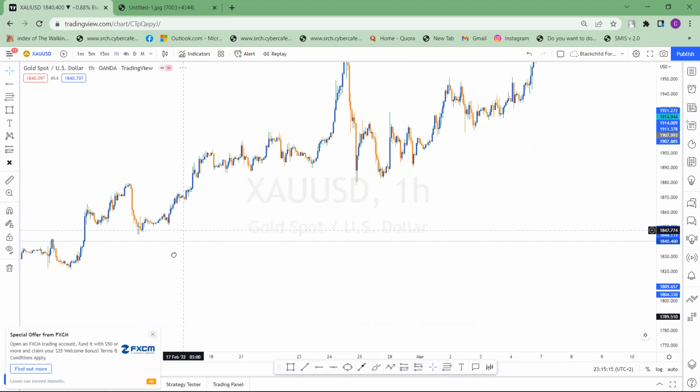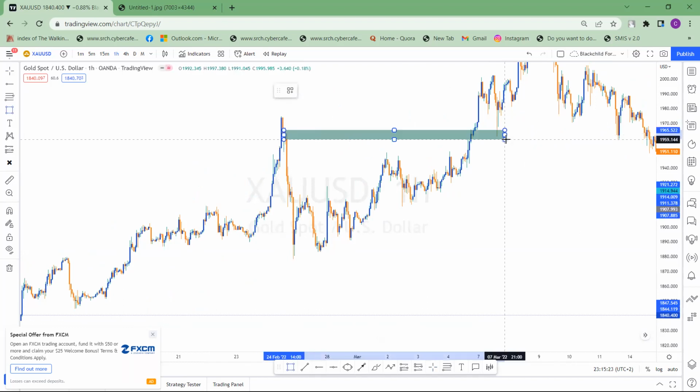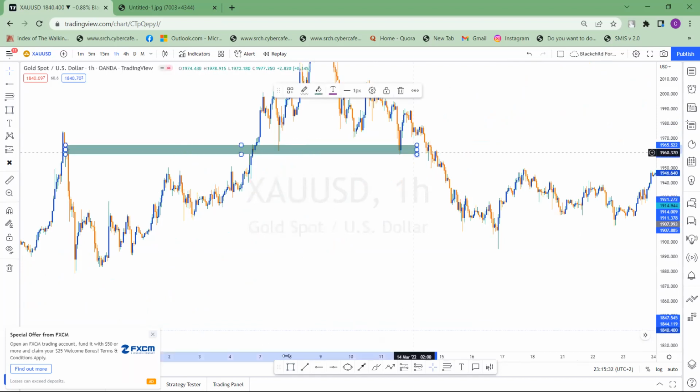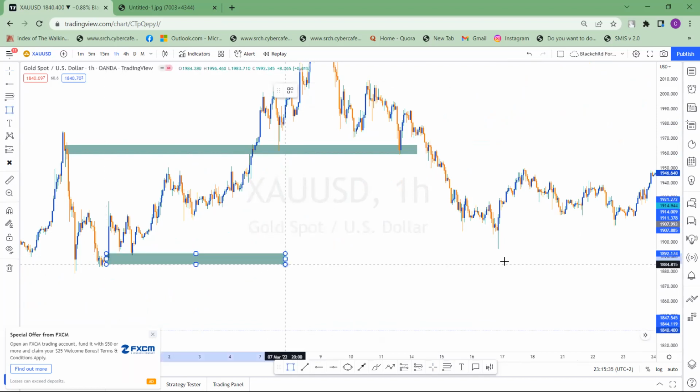But I personally don't use that. I just see, let's say here, this is self-explanatory. It's telling me to check out this zone. You can see here, just check out this zone. Why? Because price is doing crazy stuff. Another good example is, just check out this zone.